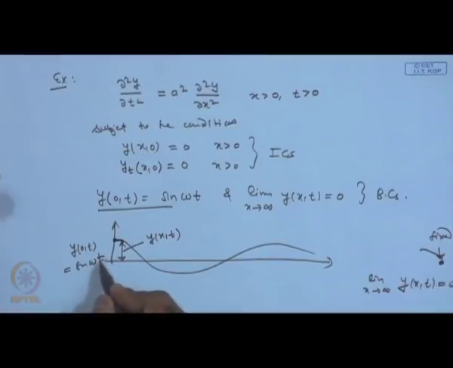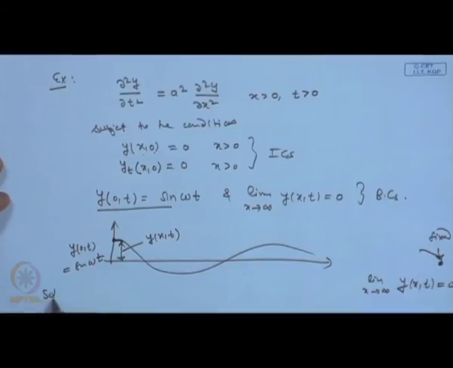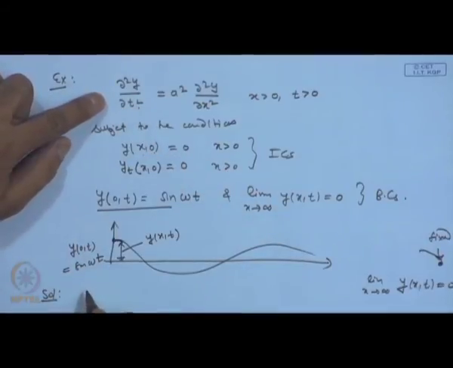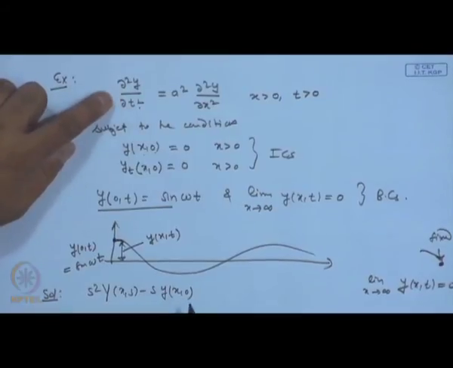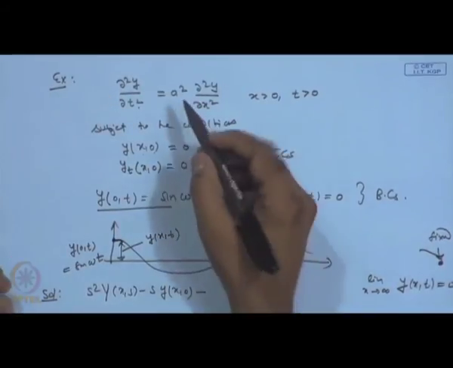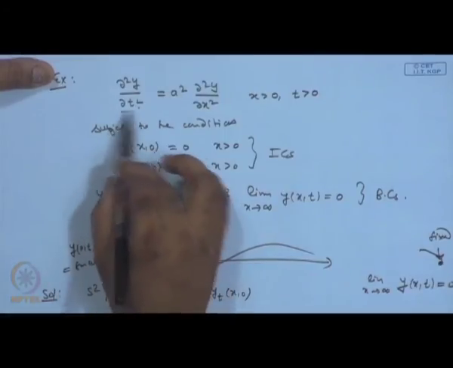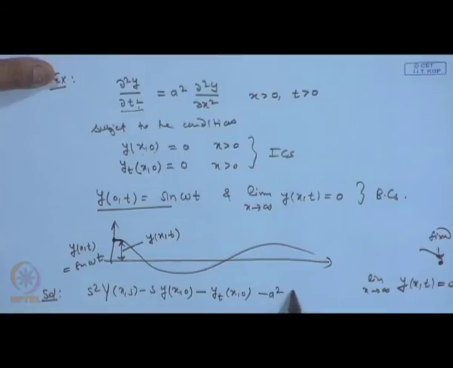So, now for the solution of this wave equation, we again take the Laplace transform of that. So, we have s square y x s minus s y x 0 minus y t, the derivative with respect to t at x 0, this is the derivative theorem, and then we have minus a square, the second derivative d 2 over d x square, and we have y x s is equal to 0.